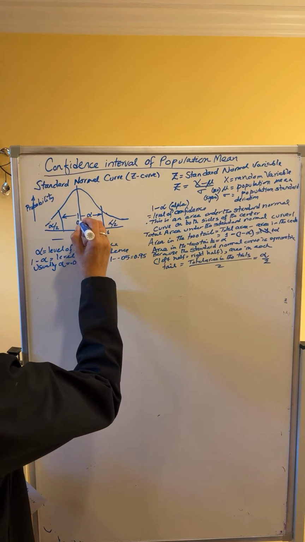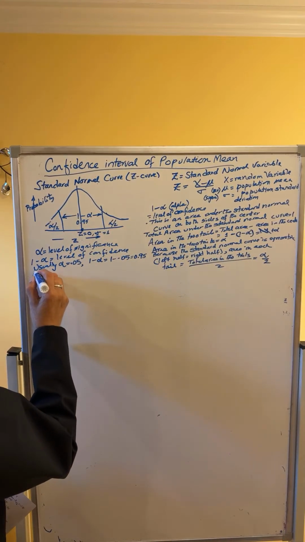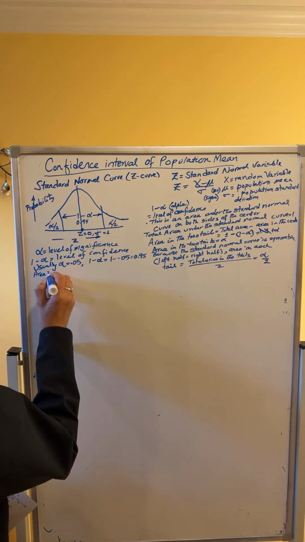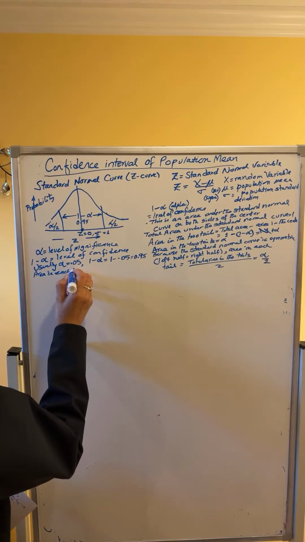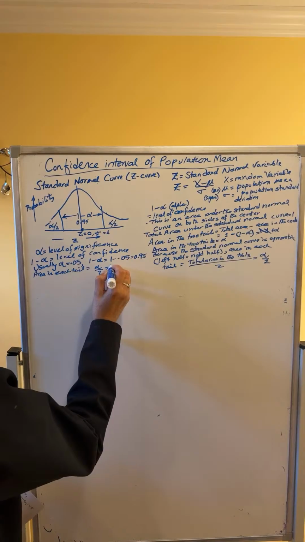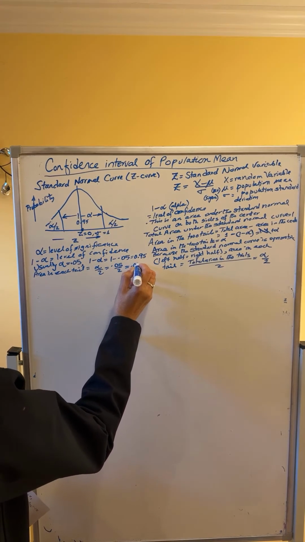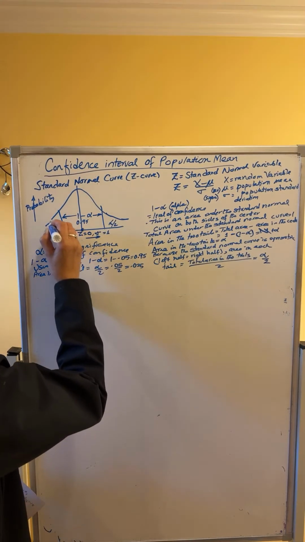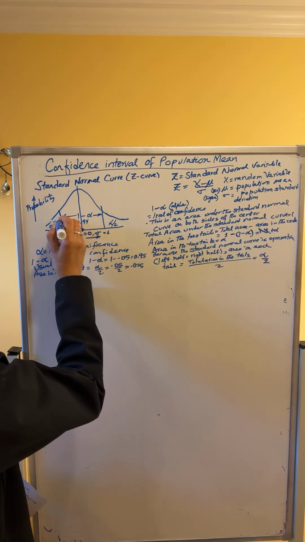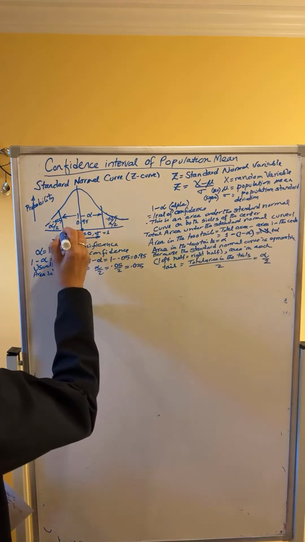So this area in the center usually is 0.95, and the area in each tail is alpha by 2, which is 0.05 divided by 2, which is 0.025. So that means this area is usually 0.025, and this area is also 0.025.